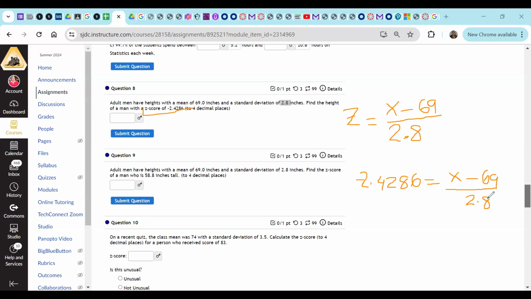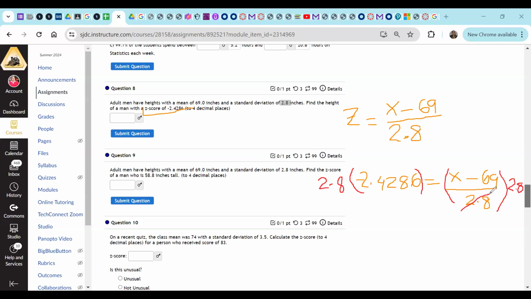In order to find the x, the first thing that we would do is multiply both sides by 2.8 to get rid of the fraction in the denominator. So multiply by 2.8 here and multiply by 2.8 here. That gets canceled on the right side.